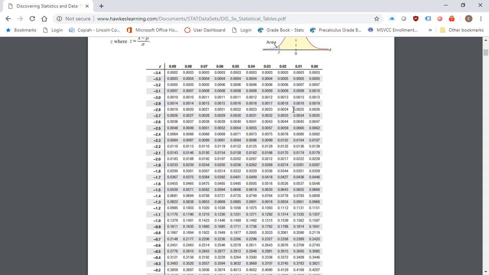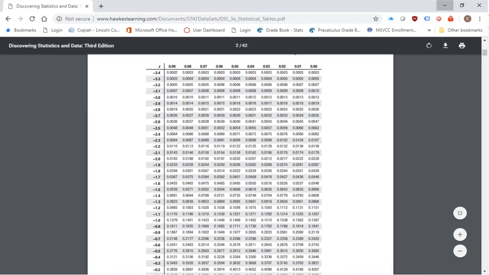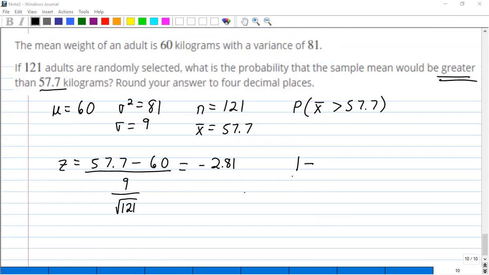For negative 2.81, I got 0.0025. So 1 minus 0.0025 is 0.9975. All right, so there's a 99.75% chance that if I randomly select 121 adults using these values, their average weight would be greater than 57.7 kilograms.